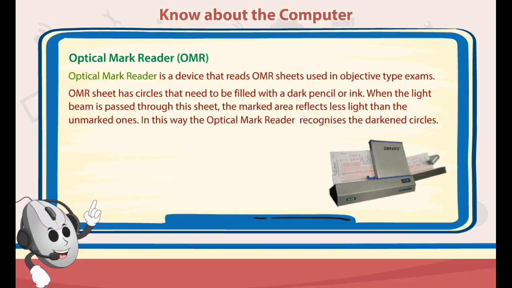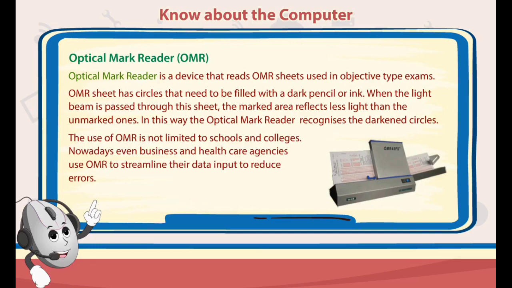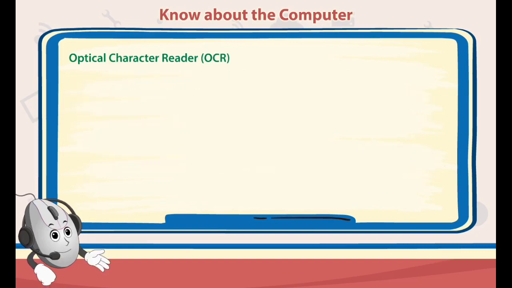In this way, the optical mark reader recognizes the darkened circles. The use of OMR is not limited to schools and colleges. Nowadays, even business and healthcare agencies use OMR to streamline their data input and reduce errors.